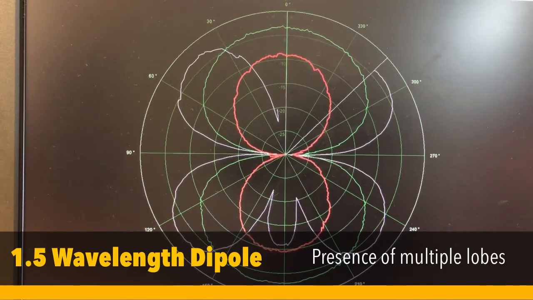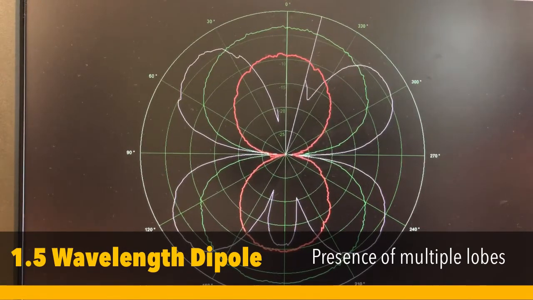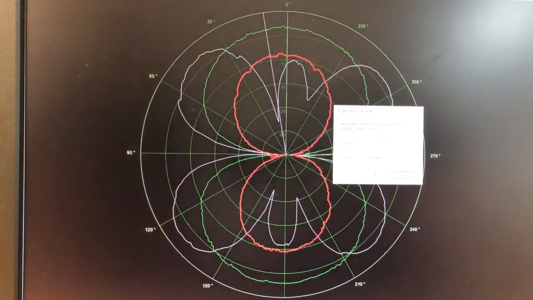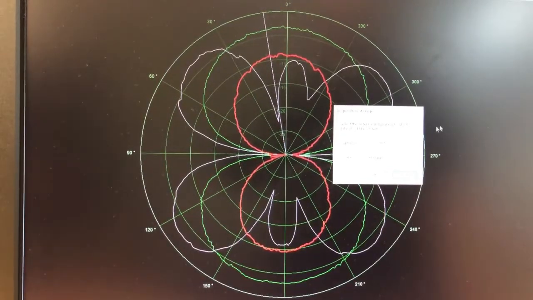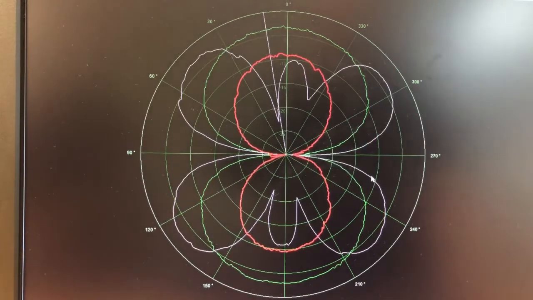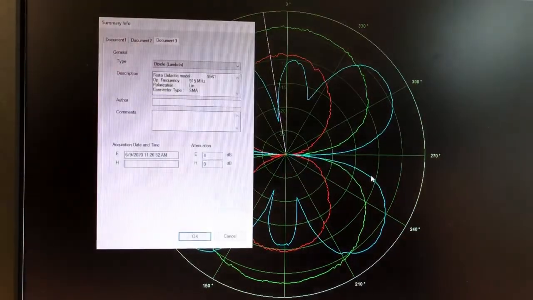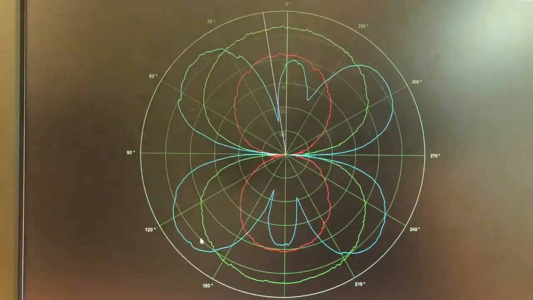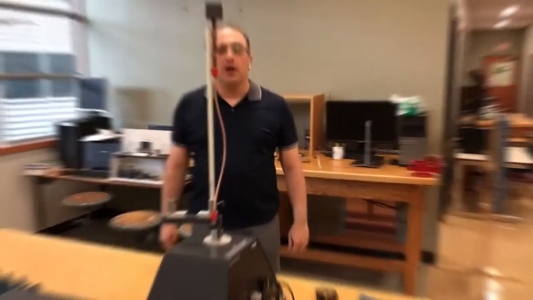And at this particular length, the effect of those out of phase currents contributes to these new lobes that we have. So now I can save this as a new antenna, E-plane. As you see, right now we have essentially a new radiation pattern.